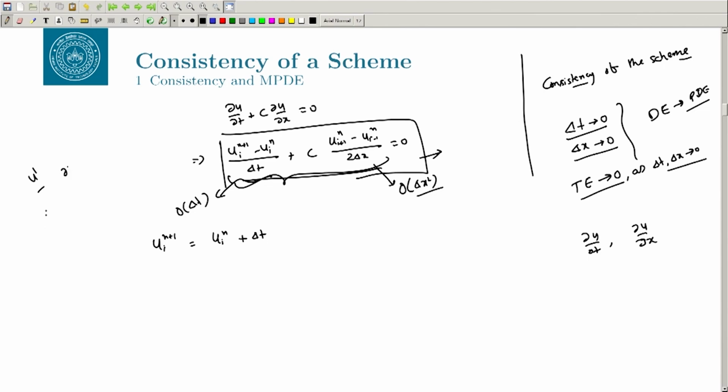You will have del u by del t term and you will have del u by del x term and all their higher orders and so on and so forth, right. So, what I will do, I will use a notation. I will say u_t represents del u by del t, and when I say u_x it will represent del u by del x. And similarly, if I say u_xx, then it will be del 2 u by del x square, u_tt will become del 2 u by del t square. Okay. So, I will use this representation for my Taylor series expansion.